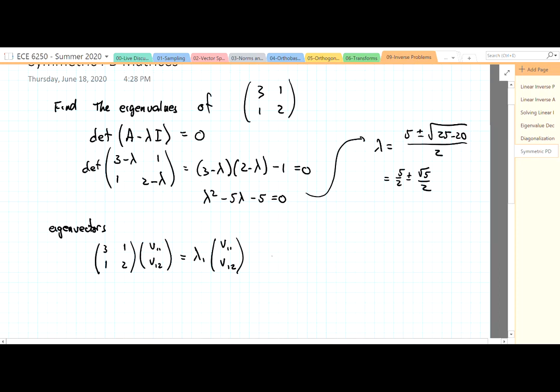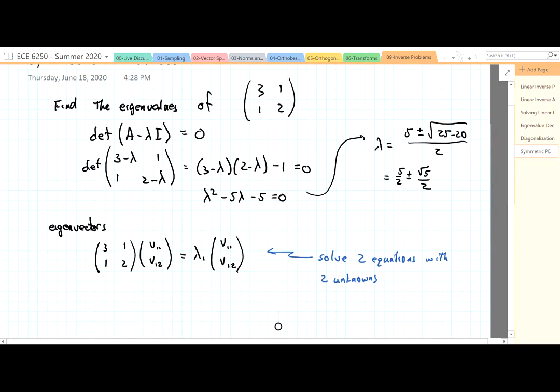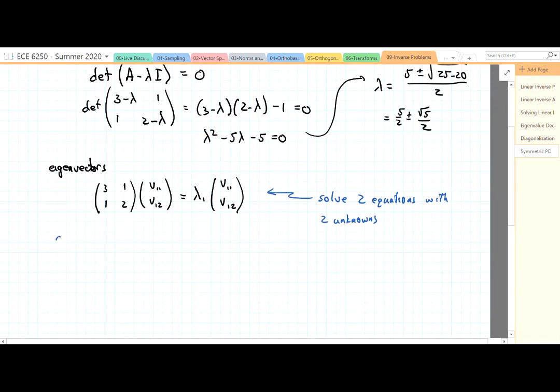And unlike the other one, I'm not going to push through this one. Essentially, this is just solving two equations with two unknowns, or as I mentioned last time, use eig(A) in MATLAB.